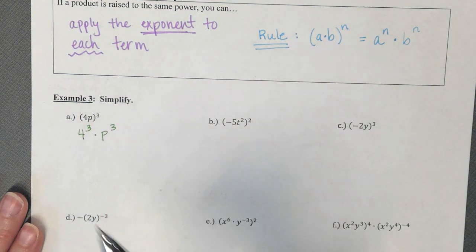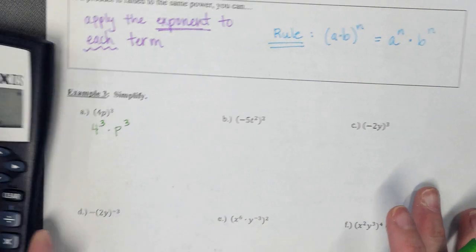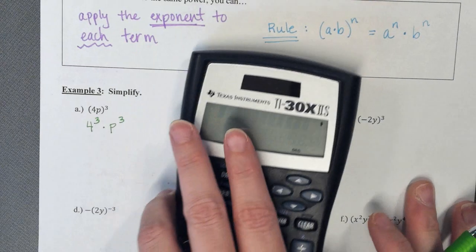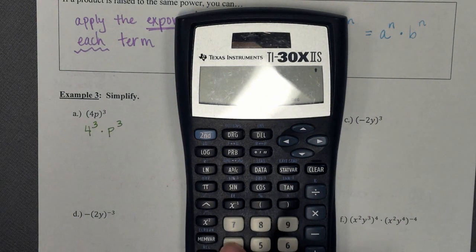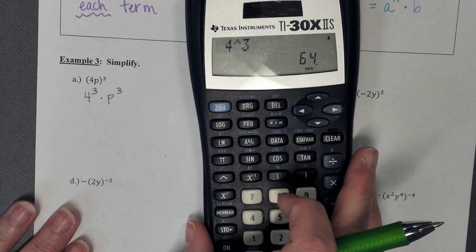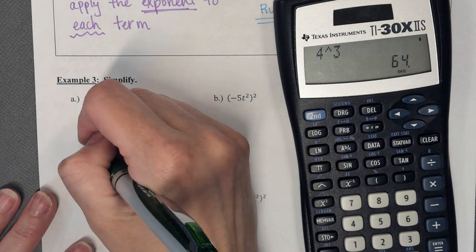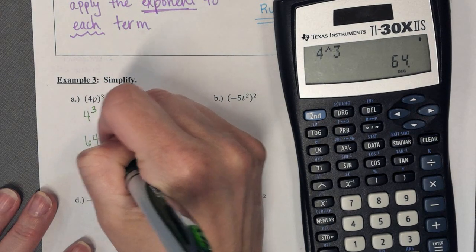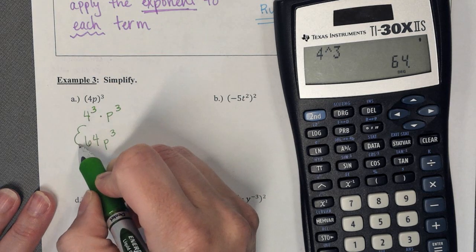Now 4 to the third, we're going to simplify, and you can do that in your calculator using the caret key. So 4 to the third, and then your final answer is going to be 64p cubed.